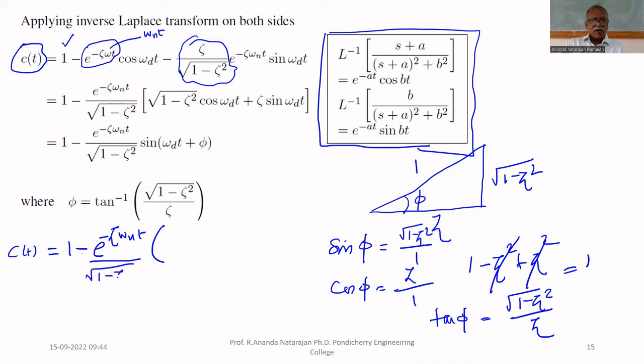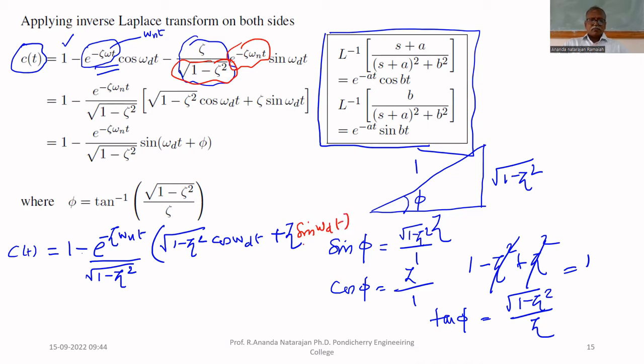That's why it should be multiplied by square root of 1 minus zeta square cos omega dt, plus zeta sin omega dt, since the factor is taken outside. Only zeta is there, therefore we can write sin omega dt.